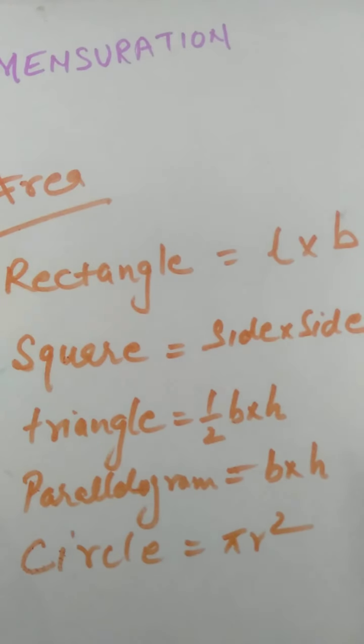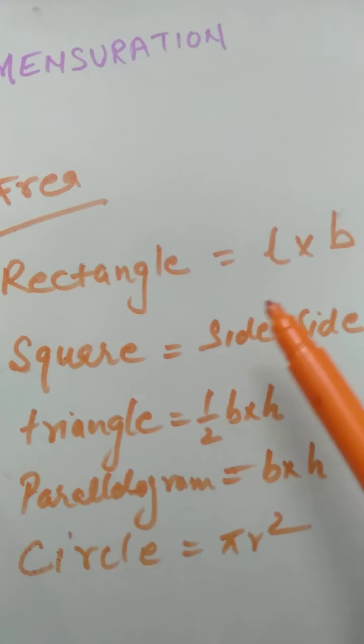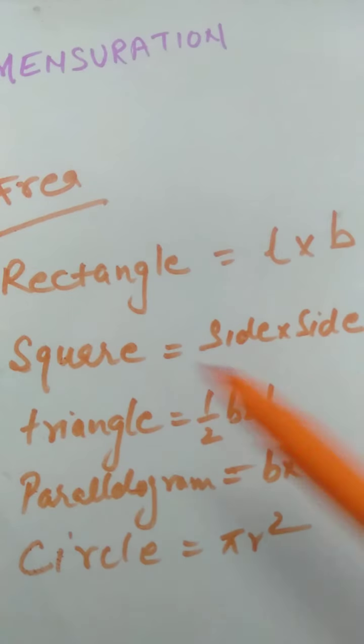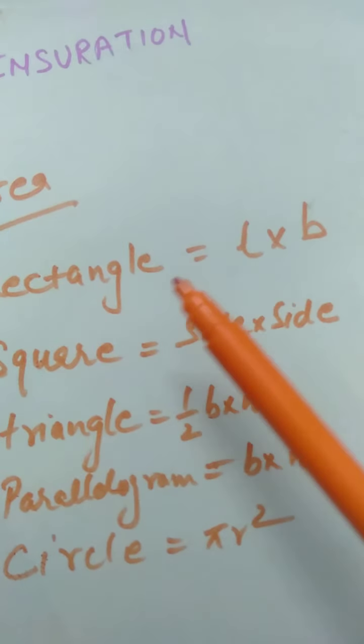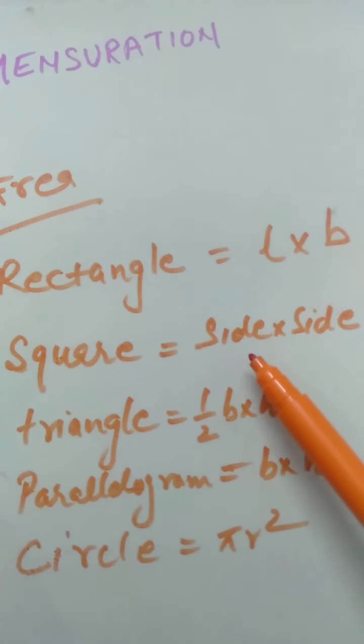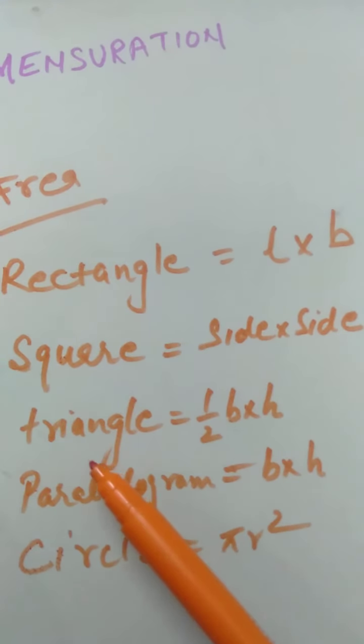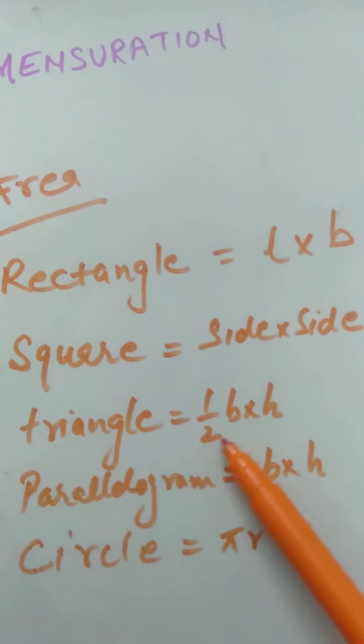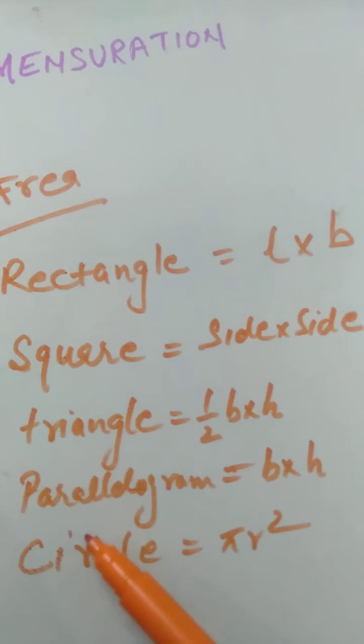Now, recalling the formulas for the area of the different geometrical figures. For the rectangle, it is given as length into breadth. For a square, it is side into side. For a triangle, it is half into base into height. For a parallelogram, it is base into height. For a circle, it is pi r square.